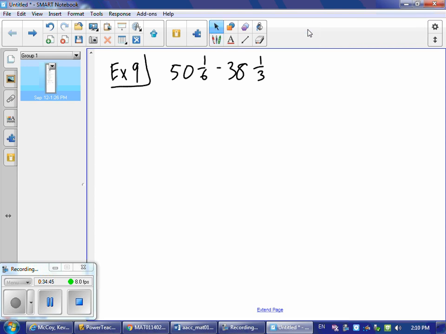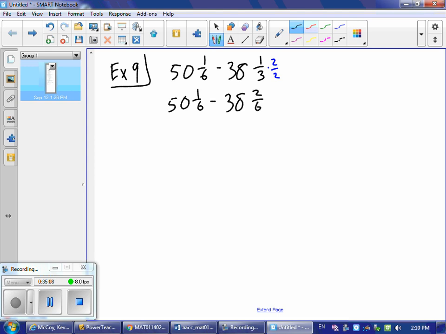I can do that by recognizing that for 1/6 and 1/3, the common denominator is 6. I'm going to multiply this one by 2 over 2 to get my sixth. So the 50 and 1/6 will stay the same for now, and that's going to become 38 and 2/6.